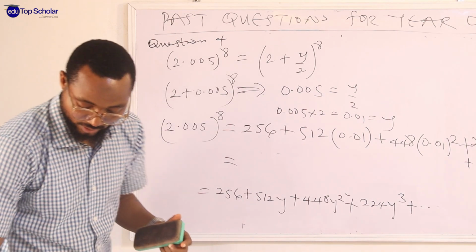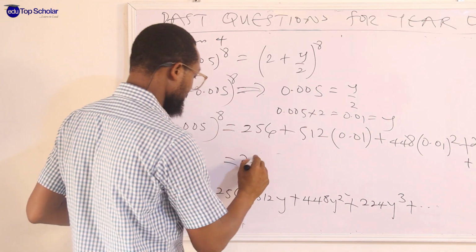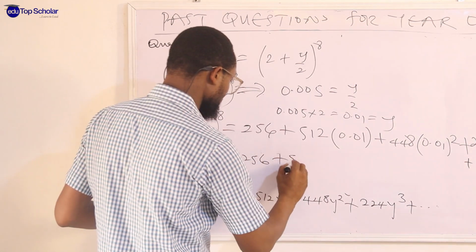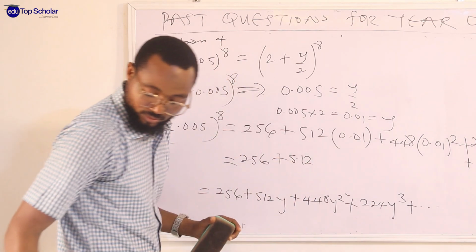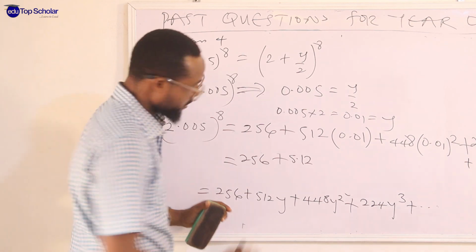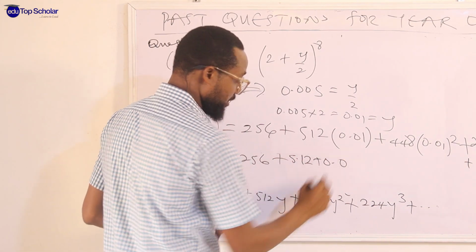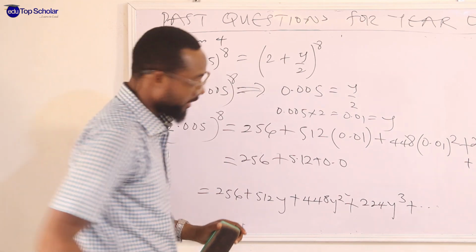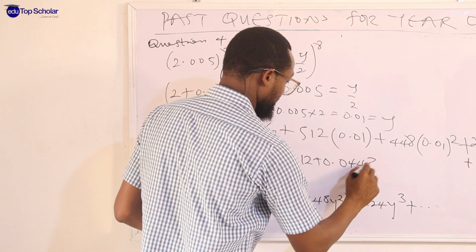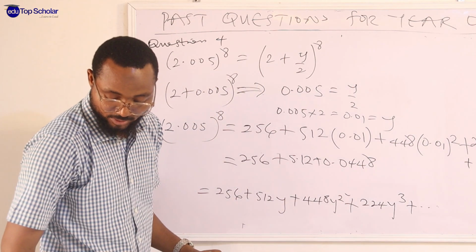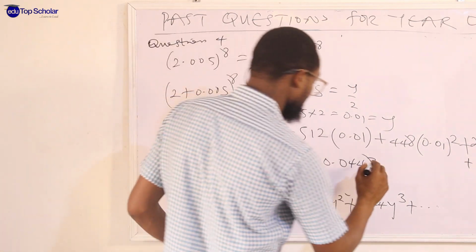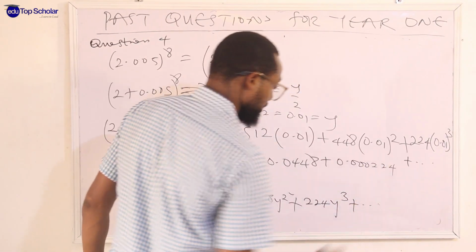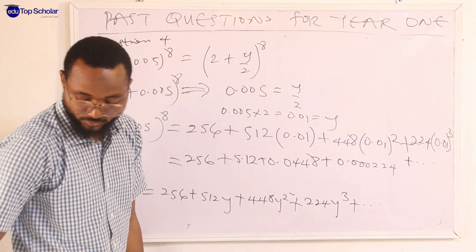When we put it in our calculator, we have 256 plus 5.12 plus 0.0448, and next is 0.000224, 0.00224.